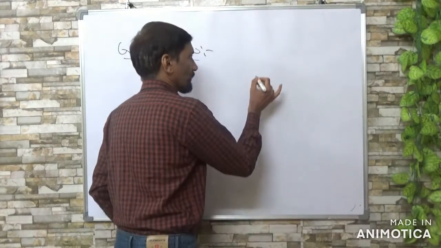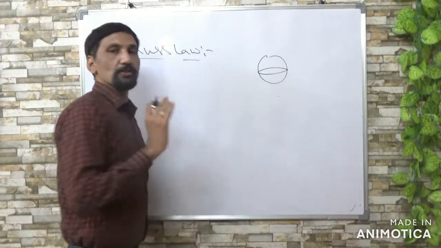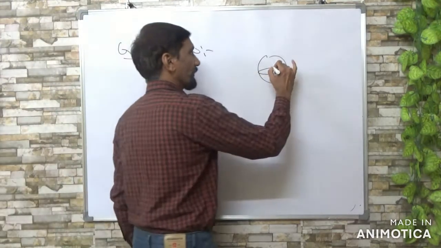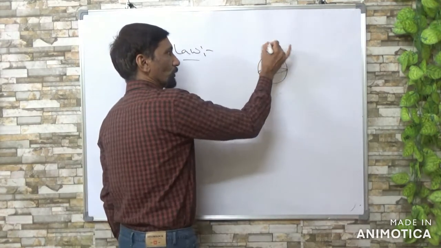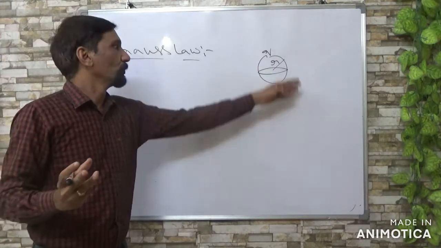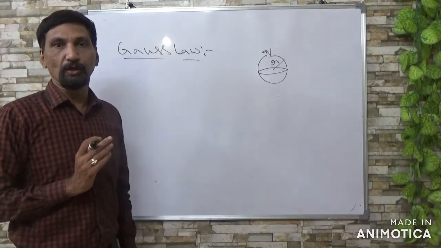So this is the given problem. There is one charged body, spherical in shape, of radius R, Q is the charge on it. Now you want to find the flux which is coming out through this charged body, or the field strength due to this charged body.